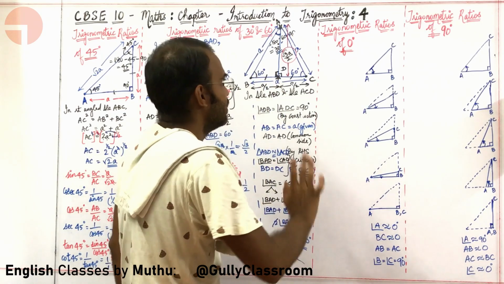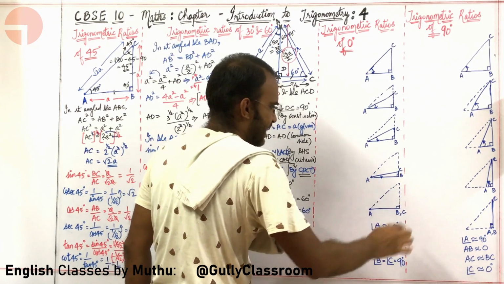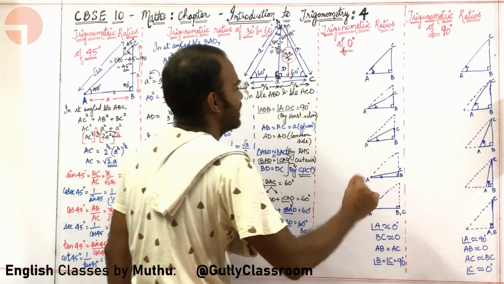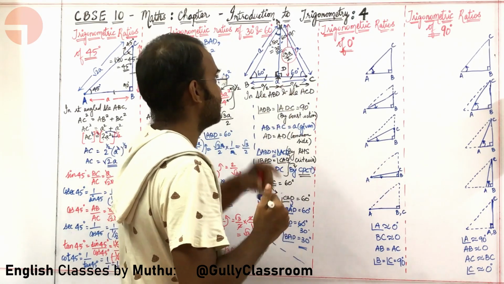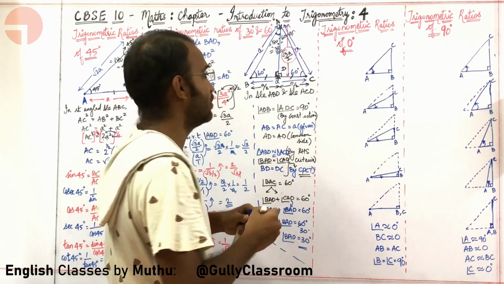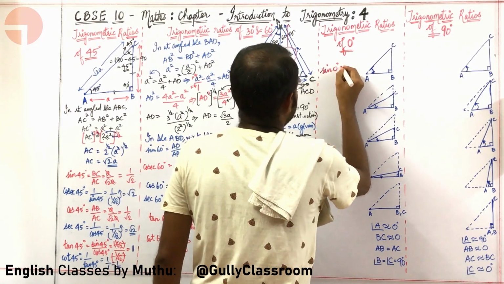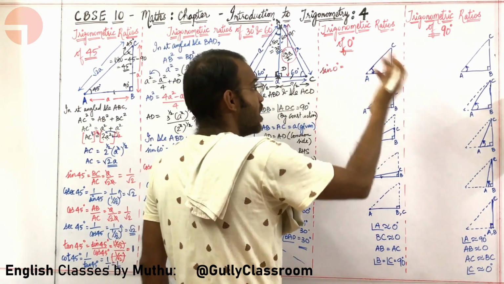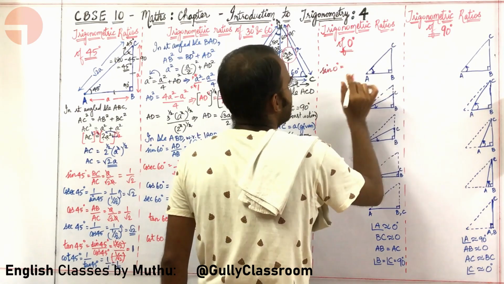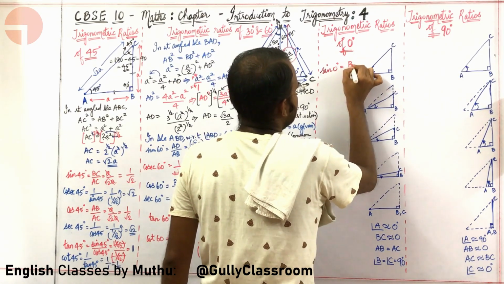Okay, sir. Now with respect to this particular triangle, with respect to this particular model, let us try to find the trigonometric ratios of 0 degrees. Absolutely, Thangam. First, let us go for sine 0 degrees. What is sine 0? Obviously, opposite by hypotenuse. Here the opposite side is nothing but BC.